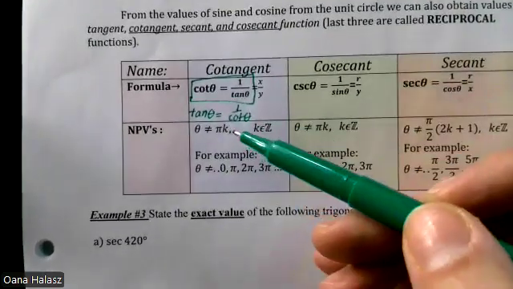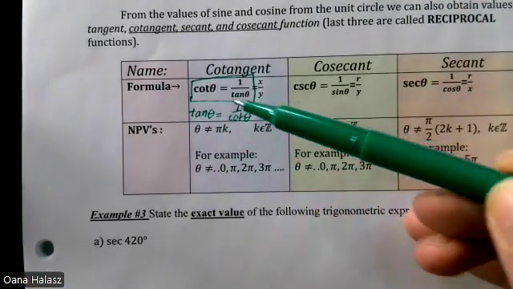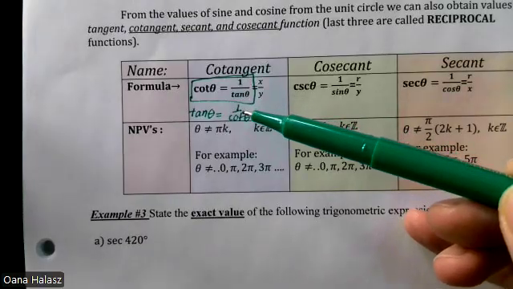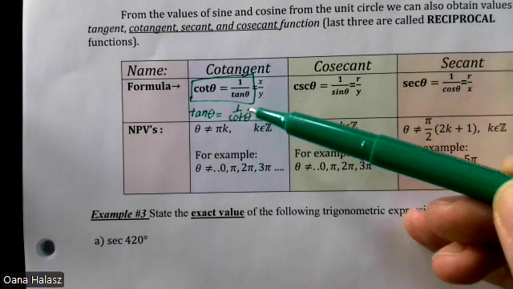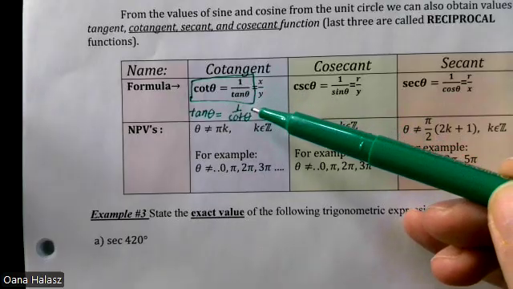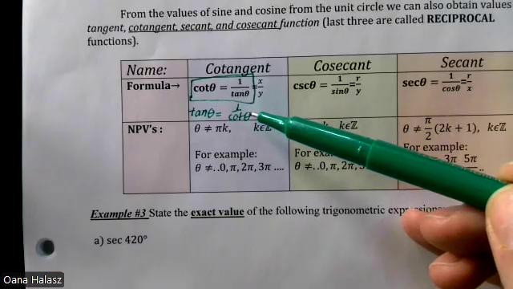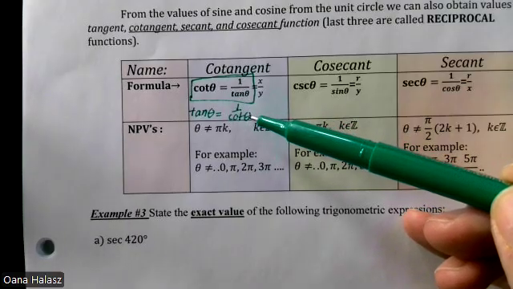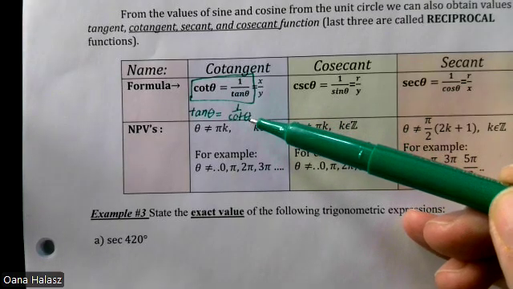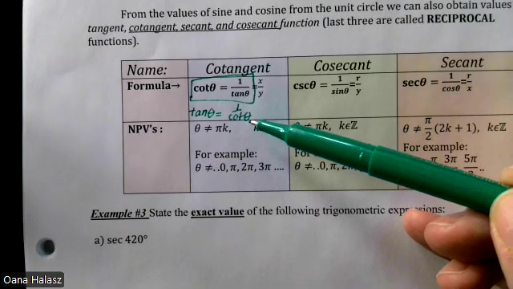Now we have the reciprocal of that, which is x over y. Now with all reciprocal functions, because now you have another function in the denominator of a fraction, we're going to have some NPVs, okay? So the question for NPVs is what kind of input, what kind of theta, what kind of angle I cannot have there because that angle will give me that value of the trigonometric function equal to 0.